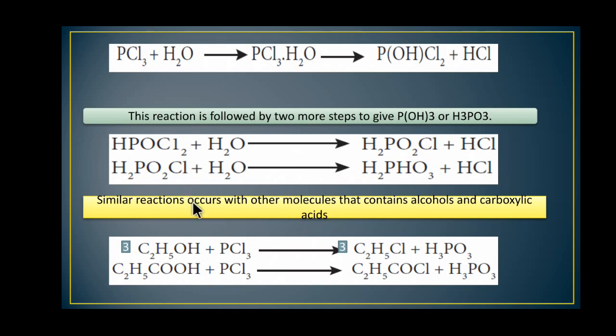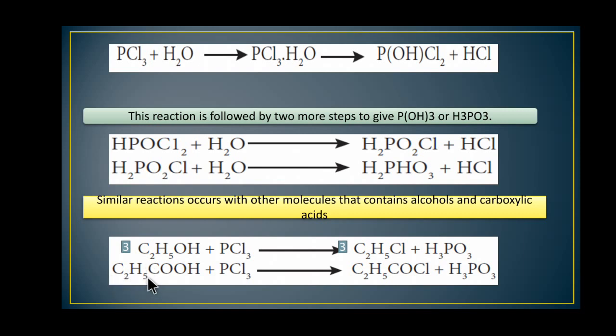And a similar reaction occurs with other molecules that contain alcohol and carboxylic acid. When alcohol reacts with PCl3, phosphorus trichloride, it gives C2H5Cl. What is C2H5Cl? Ethyl chloride. Then H3PO3 is a major product. And ethanoic acid with C2H5OH, so the total is an ethyl carboxylic acid. So the total number of carbons is 3, so it is considered as propanoic acid.